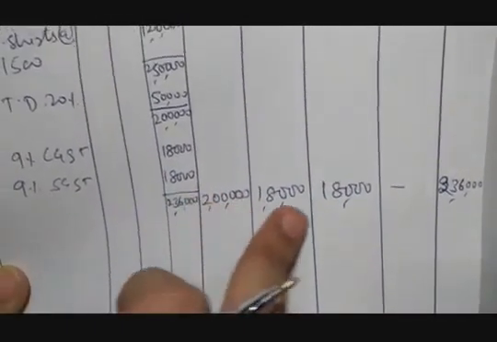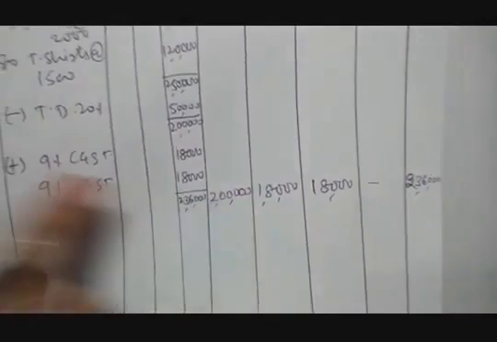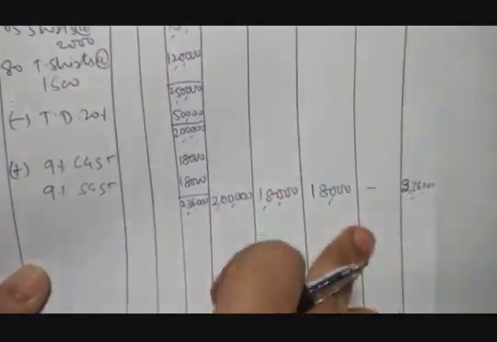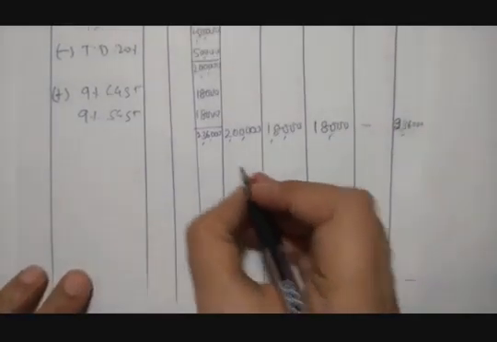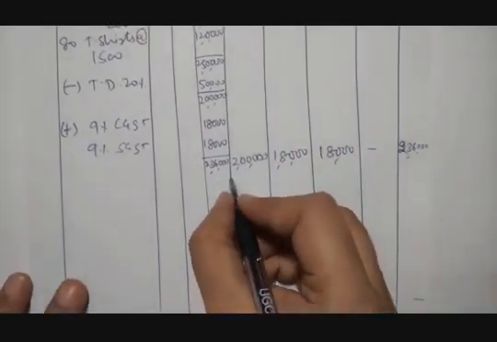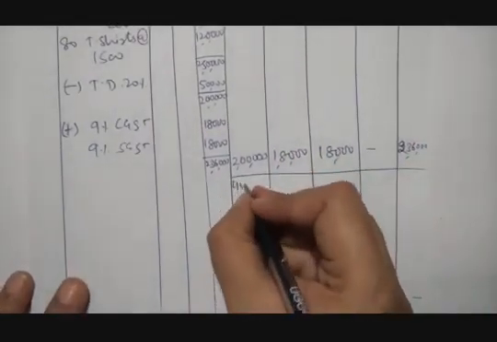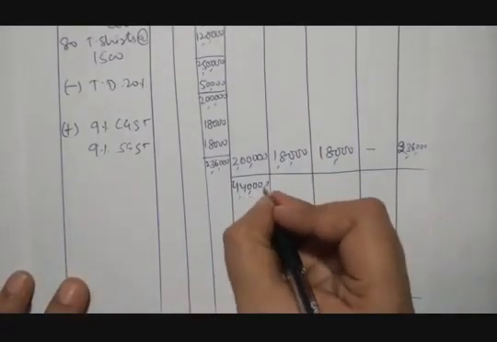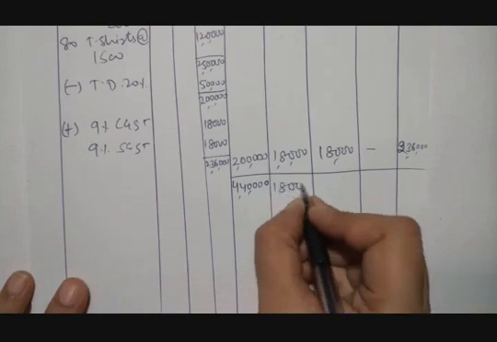Now we will have to total all the columns like purchases, input CGST, input SGST, IGST and the total column as well. Fine. So let's see. The purchases total will be 4,40,000. Input CGST 18,000.